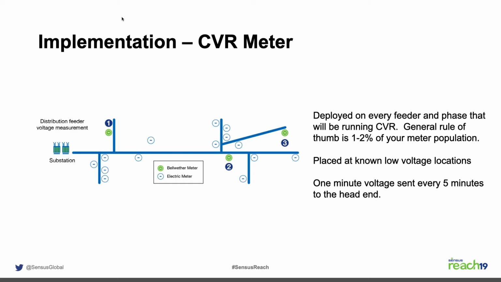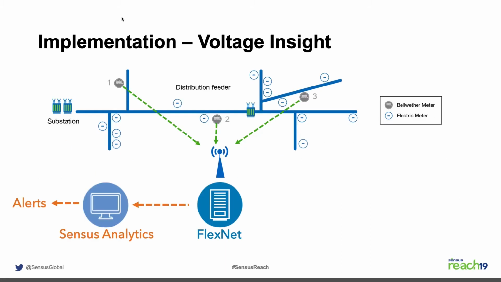From there, we send that data up to the base station, and then it gets routed into Census Analytics, and it's available inside of Voltage Insight. So this would be a solution if you don't have distribution automation in place, if you don't have remote communication to assets down the line.